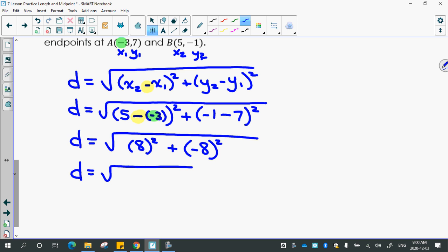So on my calculator, I want to get a number under there right now. I'm going to type in 8 squared plus 8 squared. I'm not even going to bother with the negative because I know when I square a negative, I get a positive. Does that make sense to everybody? And that tells me 128. Then I just need to take the square root of 128.